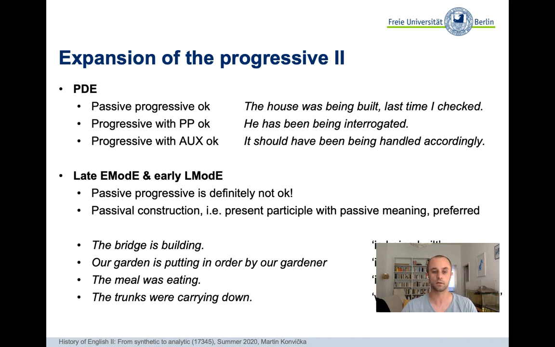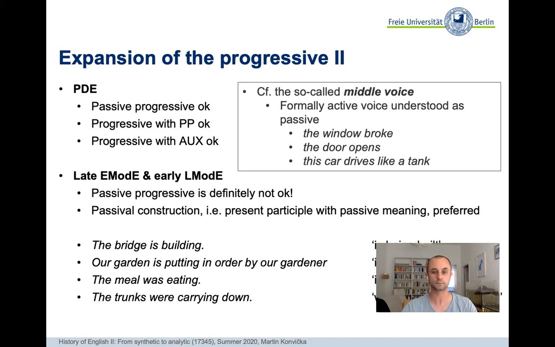So the bridge is building, progressive form on its own, that was fine. And the bridge is built, the passive form or the past participle on its own, that was also okay. But is being built, that was too much. And we're going to have a look at it in more detail in a second.